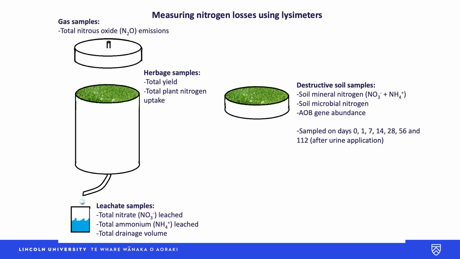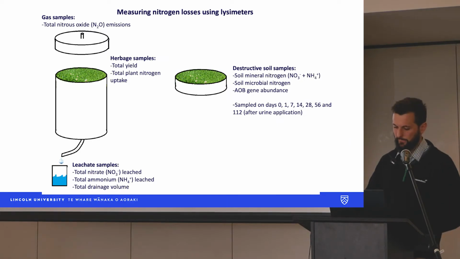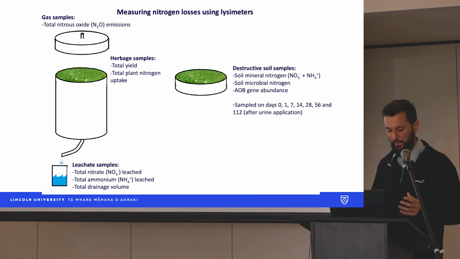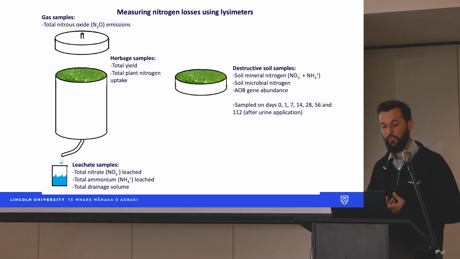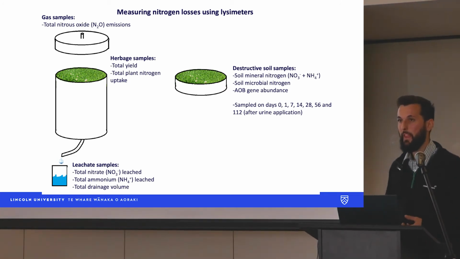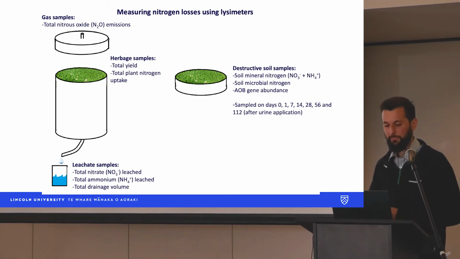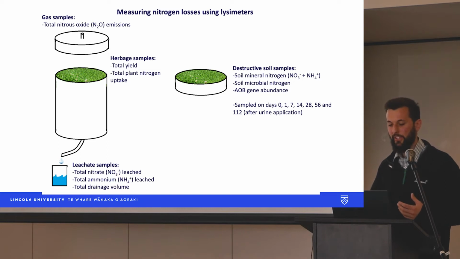From herbage samples, we could quantify the total yield and plant nitrogen uptake. And from our leachate samples, we could quantify nitrogen leaching, ammonium leaching, and total drainage volume. From our soil blocks, we could get soil mineral nitrogen, nitrate, ammonium, soil microbial nitrogen, and the ammonia oxidizing bacteria gene abundance.